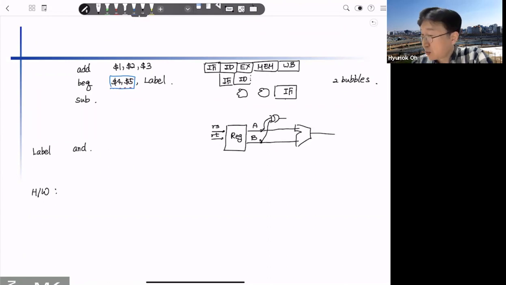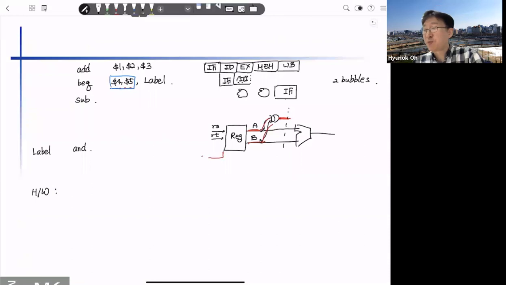Okay, so the clock changes, then the value is available here, and at the same time the comparison output comes out in a short time. So we know the output at the instruction decode stage.